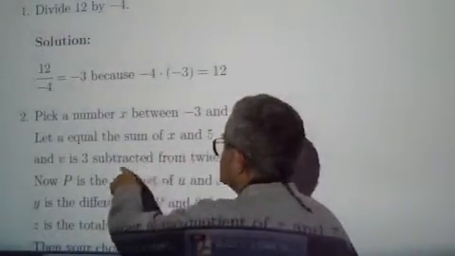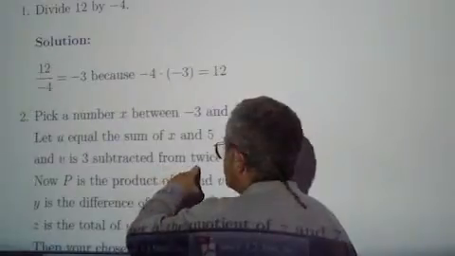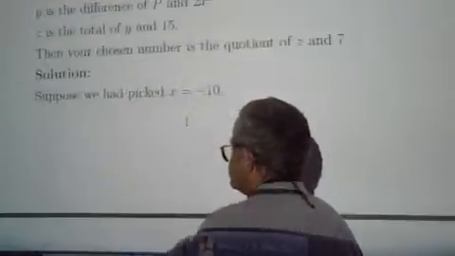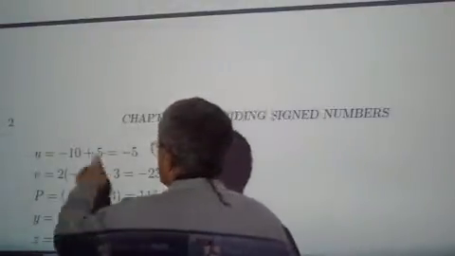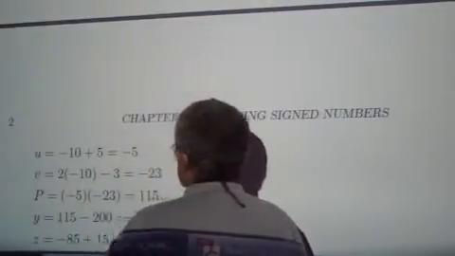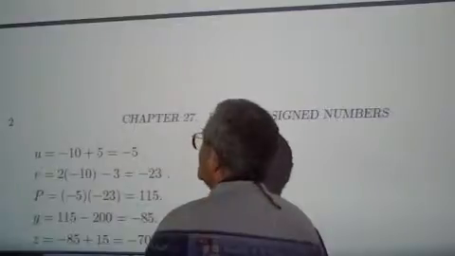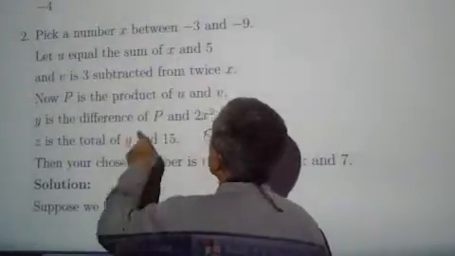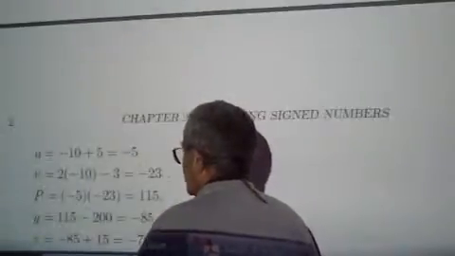U is equal to the sum, and v is 3 subtracted from twice x. So we have the sum, and we have 3 subtracted from 2x. P is the product of these two. Y is the difference of p and 2x squared.